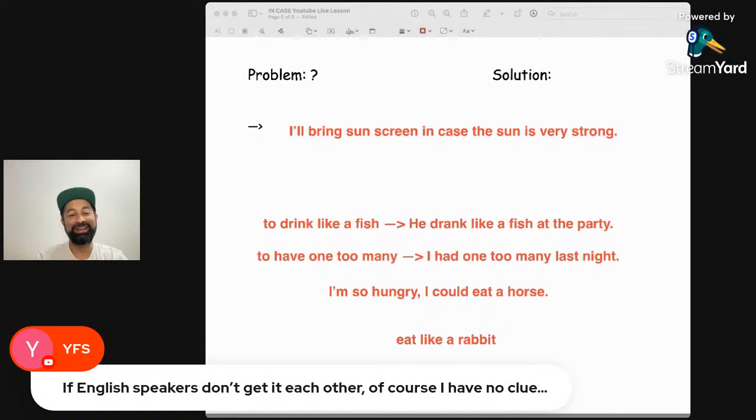If English speakers don't get each other, of course I have no clue. No, I mean, you'll understand it. You just have to get used to it. I remember being with some UK friends, they're all from London, and we were having a bunch of beers, and they were talking, and I had no idea what they were saying.